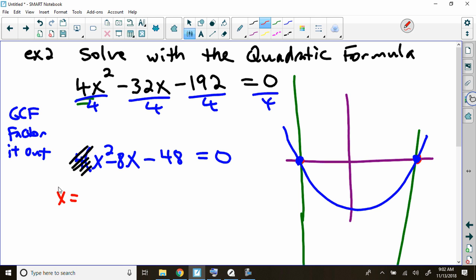x equals negative b plus or minus the square root of b squared minus 4ac, divided by 2a. I still got a big number I got to multiply. Oh, man.